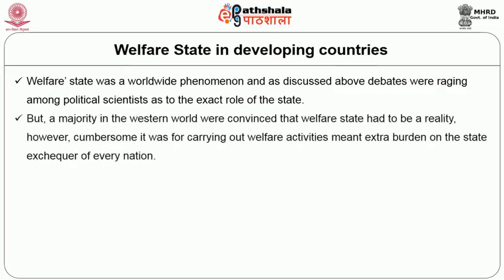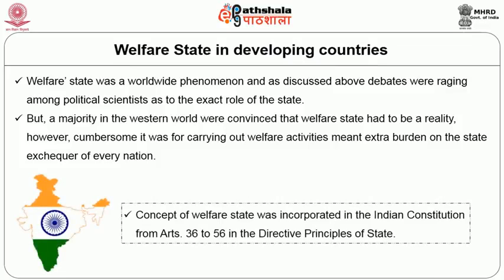But a majority in the Western world were convinced that welfare state had to be a reality. However cumbersome it was, carrying out welfare activities meant extra burden on the state exchequer of every nation. In India, for example, the concept of welfare state was incorporated in the Indian Constitution from Article 36 to 56 in the directive principles of state policy.